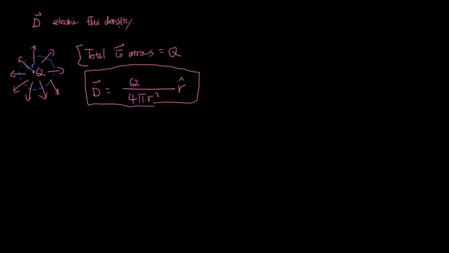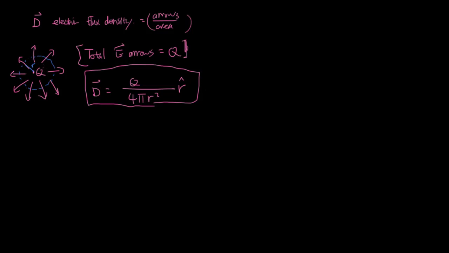So electric flux density is basically the number of arrows per unit area, conceptually. We did that for a point charge by observing, due to Gauss's law, which we'll get to later in more rigorous detail, that the total number of arrows is equal to Q. So then the electric flux density is Q divided by the surface area of a sphere, 4 pi r squared, r hat, right?